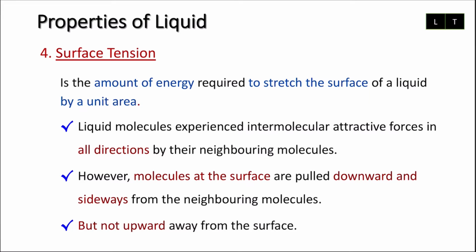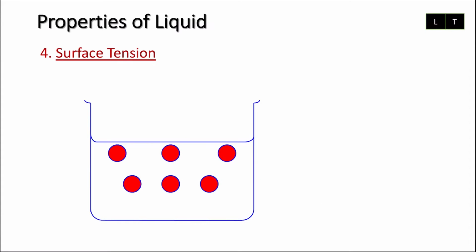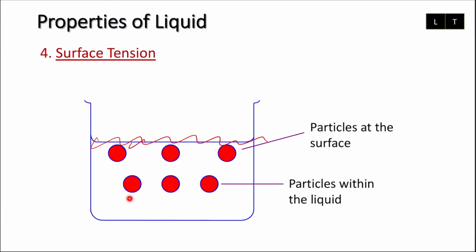So Miss akan gunakan this one as my example. Kalau lihat, ini adalah molecules 3 dekat atas ni close to the surface. Ini adalah kita punya surface, this one. And then after that, we have the particles within the liquid, iaitu ini 3. So dia berada di dalam liquid tersebut. So particles yang mana yang akan mengalami surface tension?